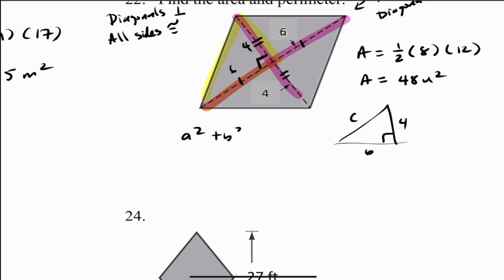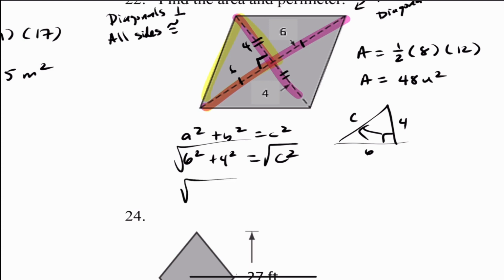A squared plus B squared equals C squared. So we're actually trying to find the hypotenuse, right? It's across from the 90-degree angle. So this is 6 squared plus 4 squared equals C squared. Take the square root on both sides. You're basically saying the square root of 36 plus 16. So C is going to be 7.2.